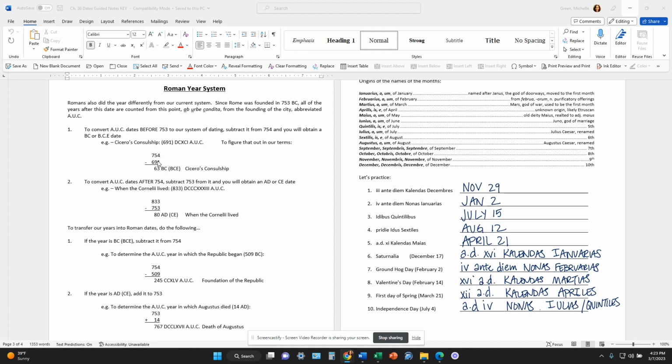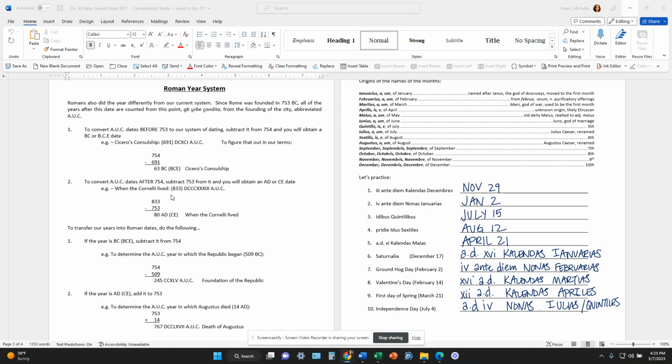So we're going to subtract it from 754, because that's the year it was founded, 753 plus 1 to accommodate the fact that there's no year zero, and that will result in a BC date, 63 BC or BCE, which also happens to be Cicero's consulship, which is another way that they would write the year. They would write in the year of Cicero's consulship.